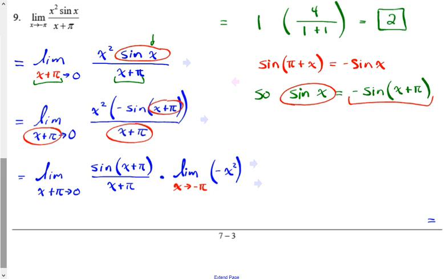And now I've switched back to the original question where I have x approaching negative pi. And it's operating on the negative x squared. Well, the first limit, we know, is equal to 1. The second limit, as x approaches negative pi, I'll have a negative pi being squared and taking the negative of that. So my answer, negative pi squared. There you have it. Limits of trig functions.